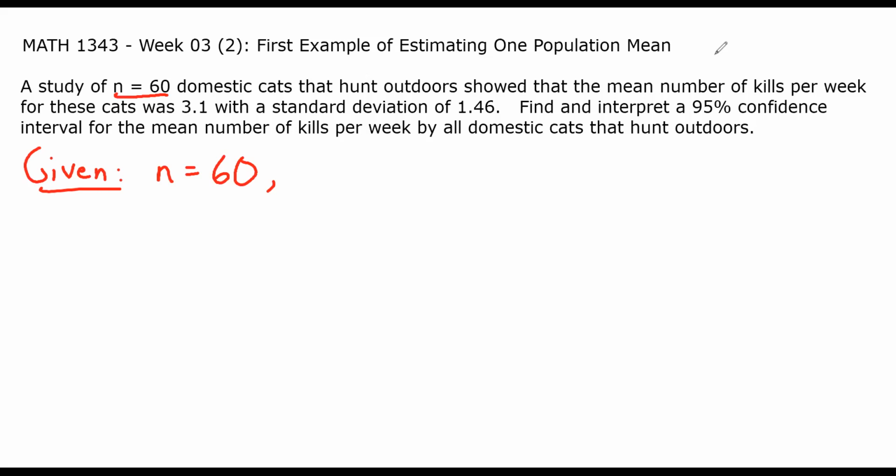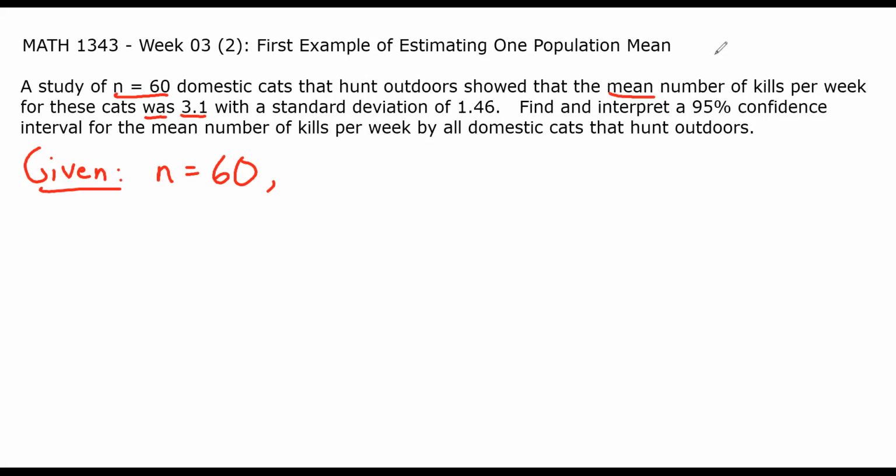A study of 60 domestic cats showed that the mean number of kills per week was 3.1. All right, the mean was 3.1. And this is from a sample, even though it doesn't explicitly say the word sample. You can infer that it's a sample because there are only 60 domestic cats. To claim that it was a population would mean that you're saying there are only 60 domestic cats in the world.